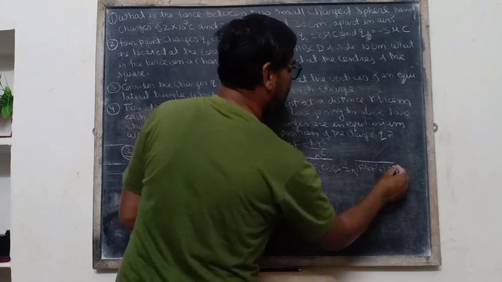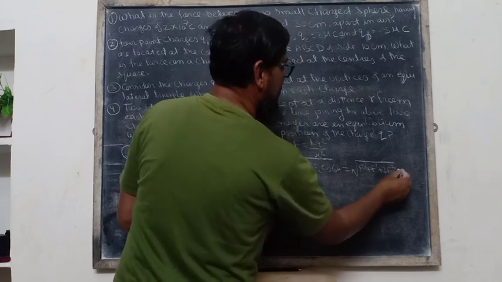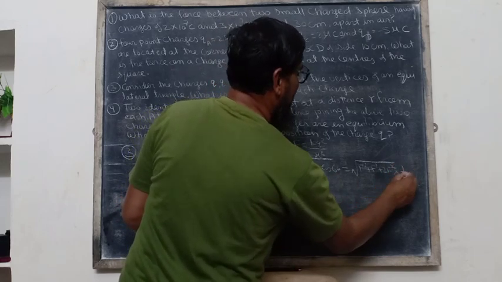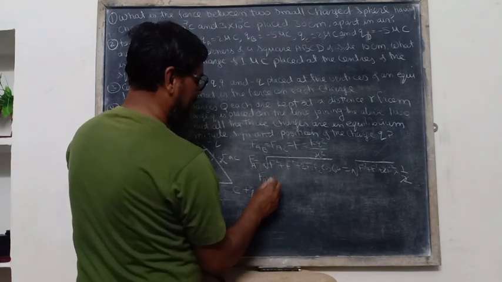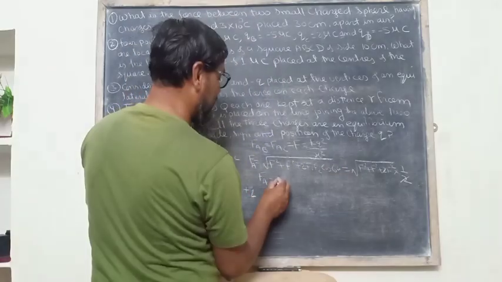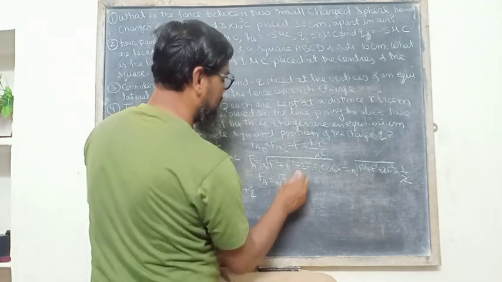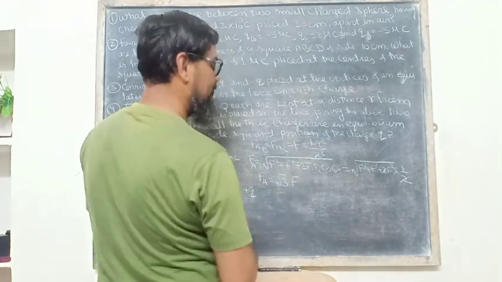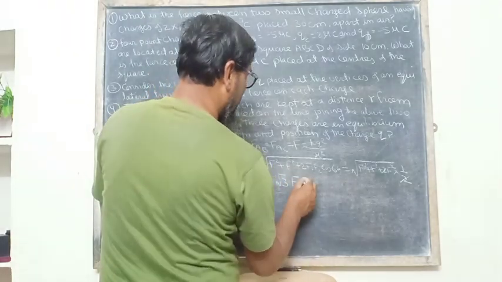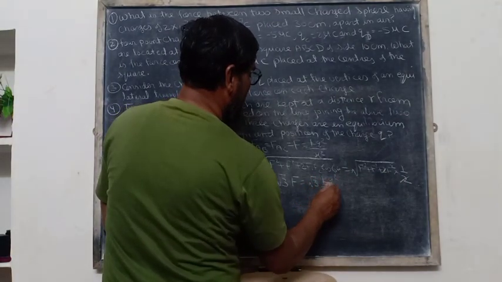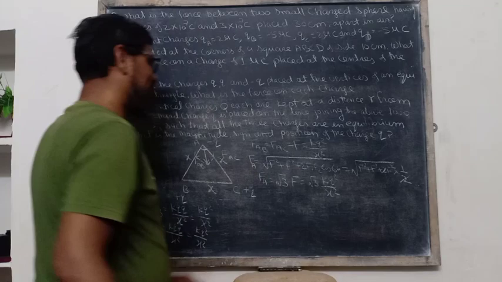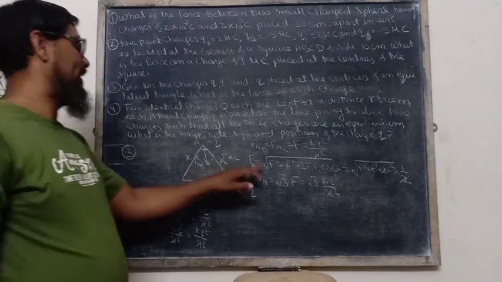F1 and F2 values are the same, and the value of cos 60 is 1 by 2, so 2 and 2 cancel out, so the force at point A will be under root 3 F, or under root 3 into kq square upon x square. This is the net force at point A.